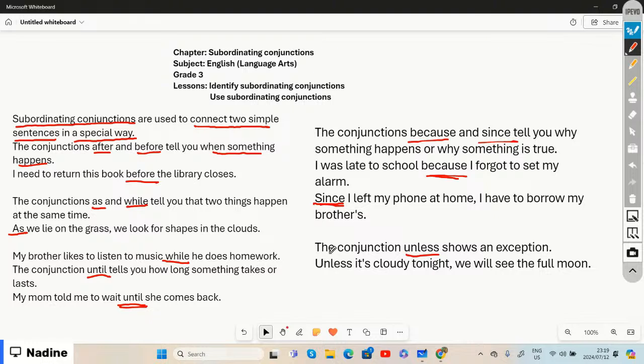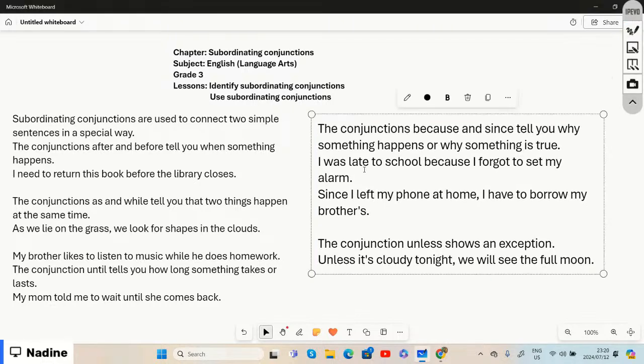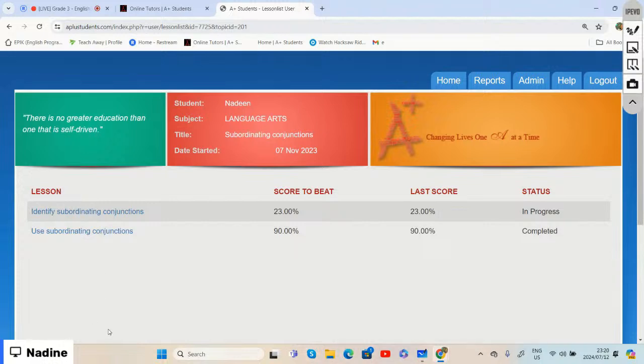All right. So now we're going to A plus students.ca, and we're going to continue our lesson on subordinating conjunctions.